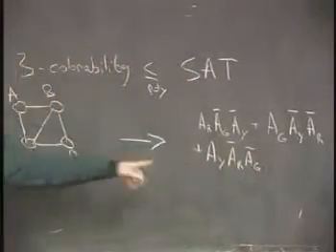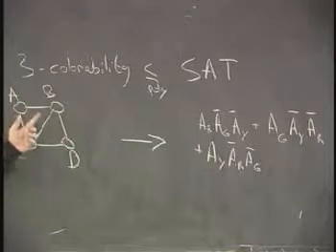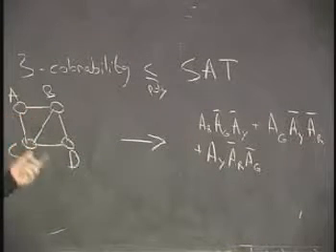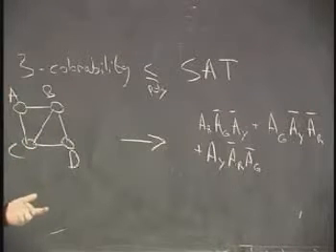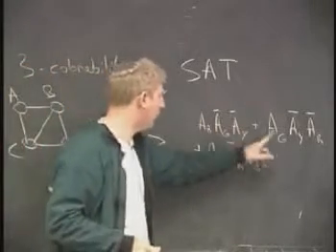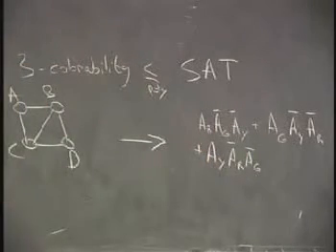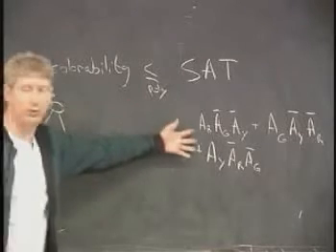These 3 combined guarantee that A can only be colored red, green, or yellow. And it has to be colored 1 of those. If these 3 are going to be true, then either AR or AG or AY has to be true, and no 2 can be true. Agreed? We just took the English and turned it into Boolean.